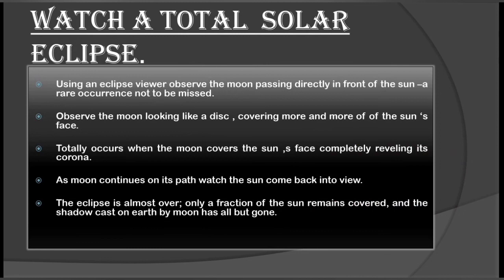The eclipse is almost over. Only a fraction of the sun remains uncovered, and the shadow cast on the earth by the moon has all but gone. So these are the phases of how the moon covers the sun and how the sun looks. Let's go to the next part and see what it looks like in real life.